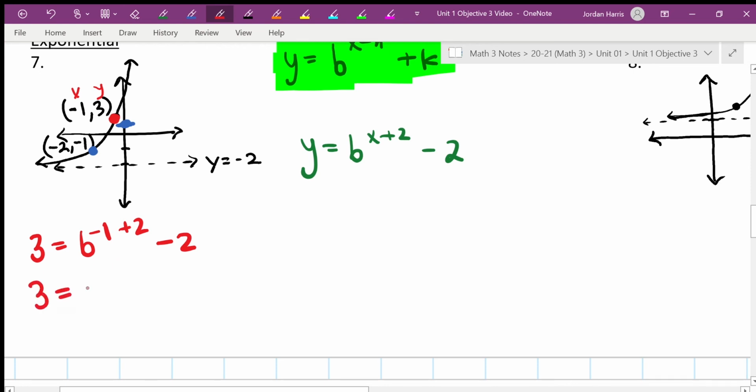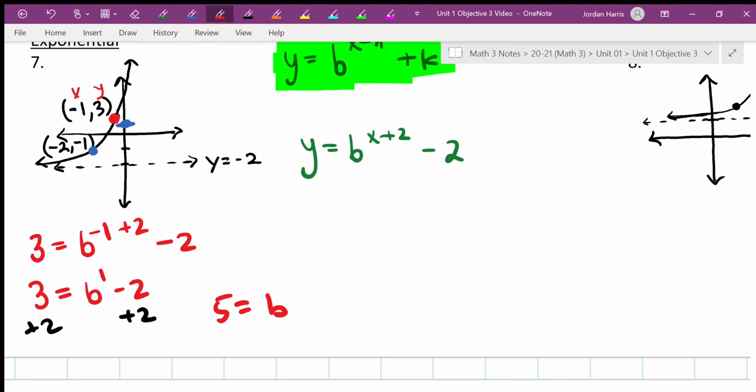So 3 equals b to the first minus 2. Get b by itself, so add 2 to both sides. And I get 5 equals b. Remember, 5 to the first is just 5, 10 to the first is just 10. So b to the first is just b. So we have it. b equals 5. y equals 5^(x + 2) - 2.